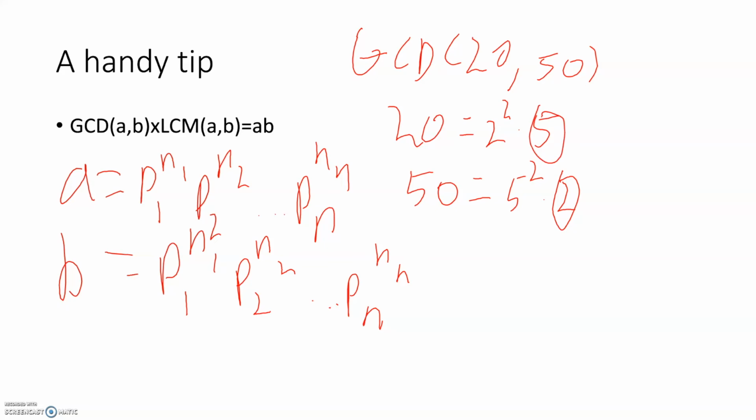And then the LCM is stating the greater powers, or the uncommons, and it's just 2 squared and 5 squared. And now if we multiply this together, we can see it's just 2 squared times 5 squared times 2, which is just 20 times 50.